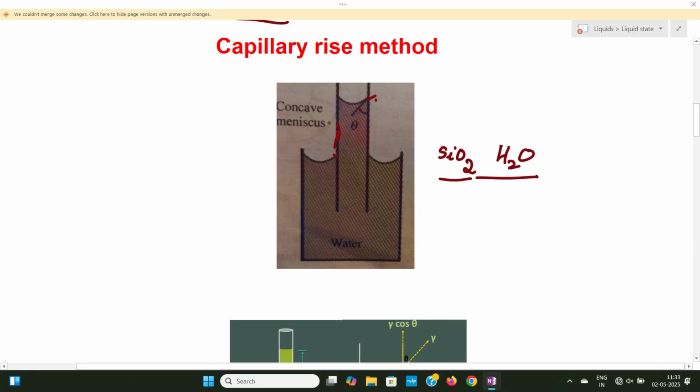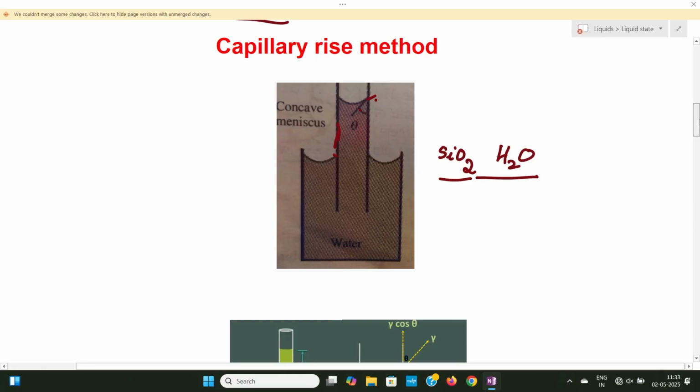And the meniscus formed is a concave meniscus. That means the middle will be downward and the edge will be upwards. Okay, this is about the capillary rise. So now we have to see how we determine the surface tension by capillary rise method.